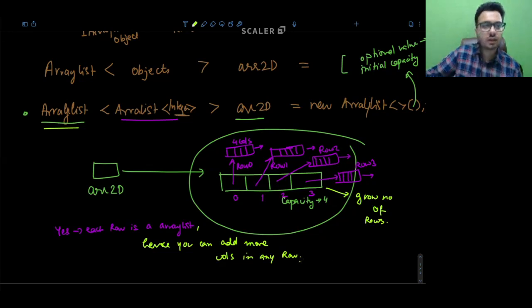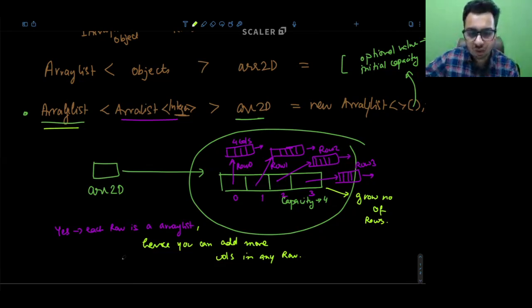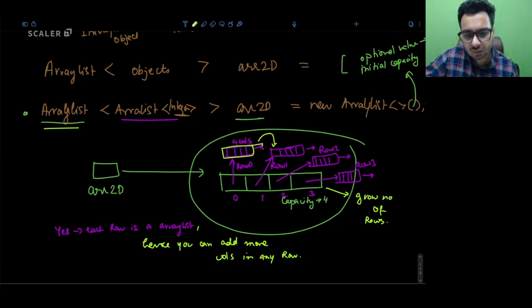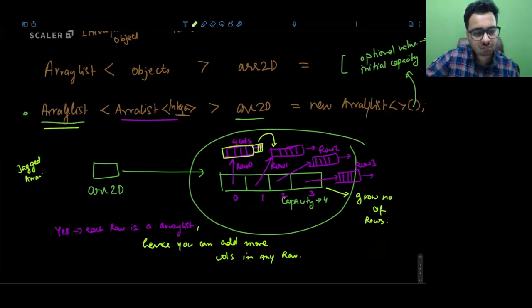Now the question is, if row 1 grows, do all rows grow automatically? The answer is no. Each object is independent. So this object has no relation with this object. If this object grows, the second object will not change. That means it will be kind of a jagged array where every row can have a variable number of columns.